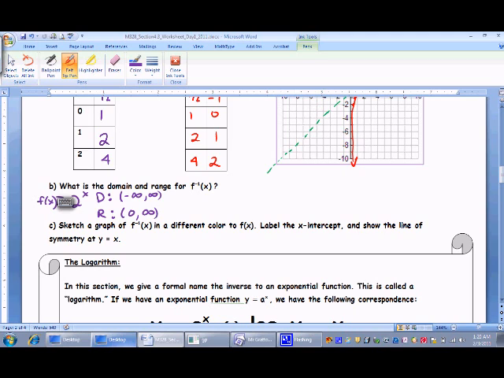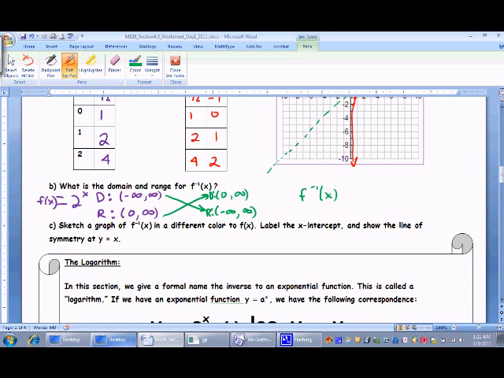And now to switch over to our inverse function, all you have to do is swap your domain and your range. So for the inverse function, f inverse of x, my domain is from 0 to infinity, and my range is going to be from -infinity to infinity.